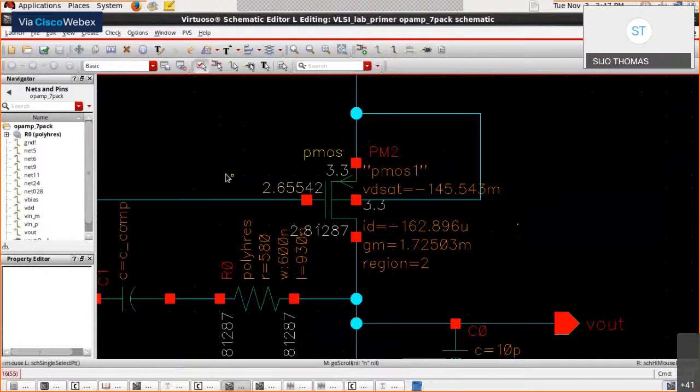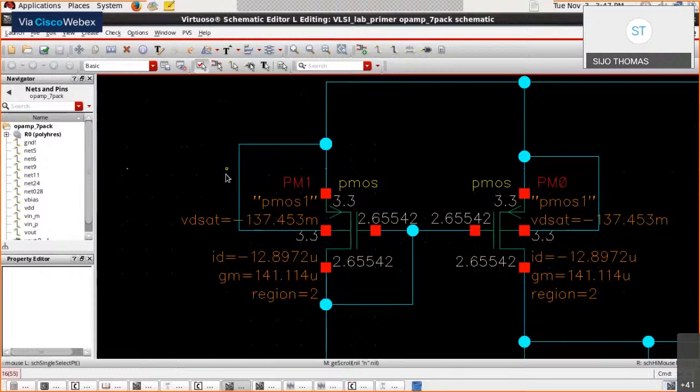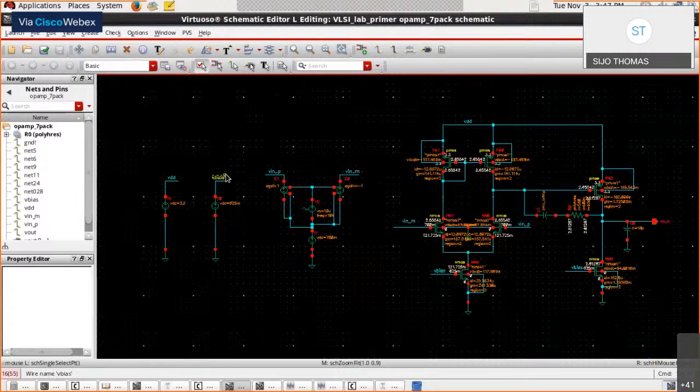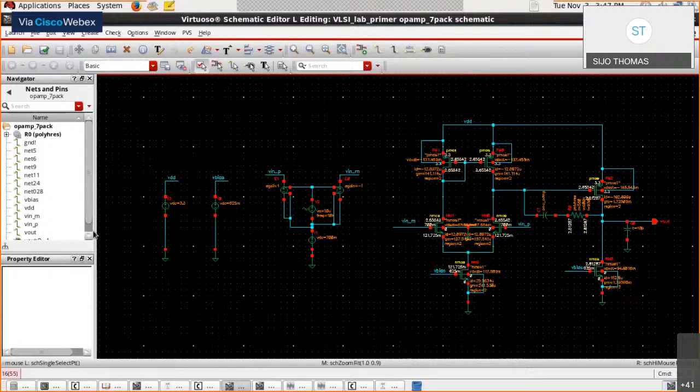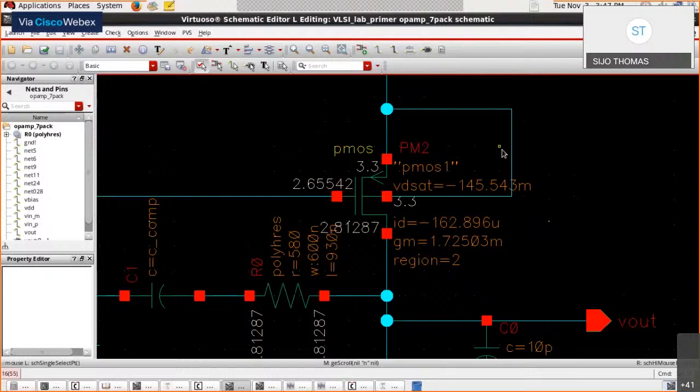Yeah, all are in region 2. Now look up the value of transconductance for the second stage PMOS active device. That is 1.725 GM for PM2.